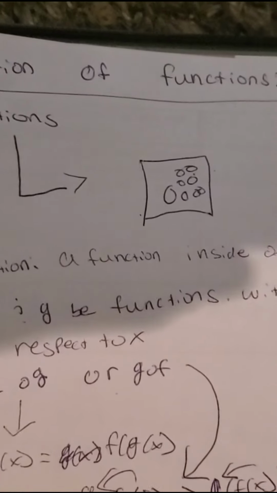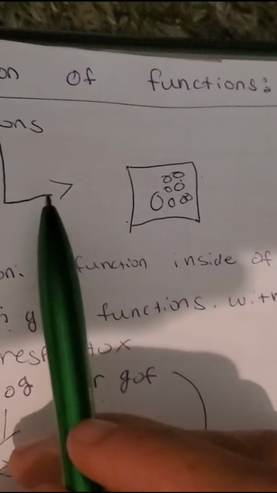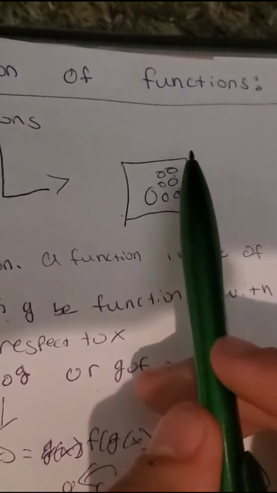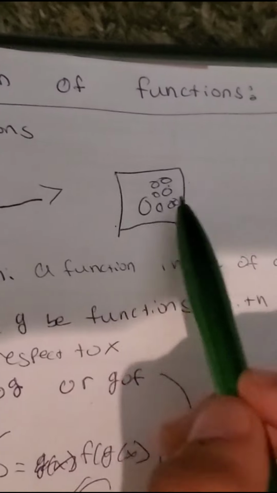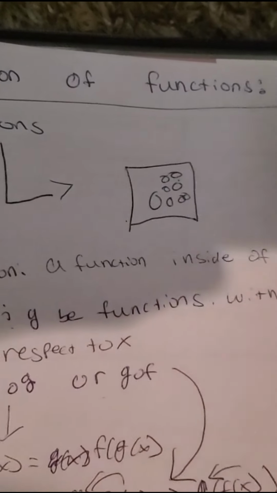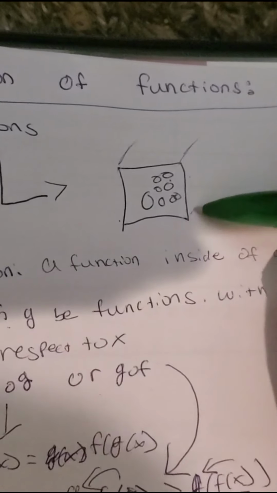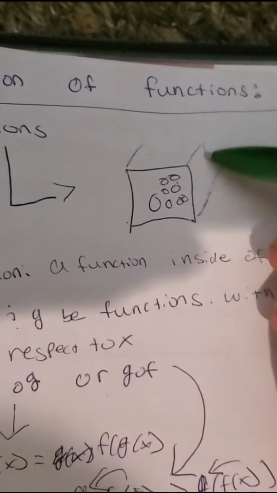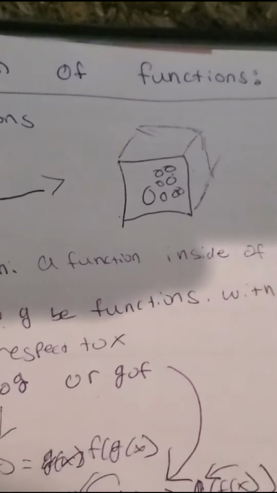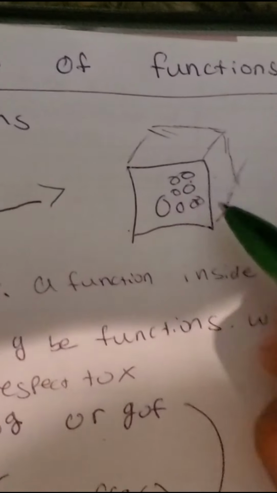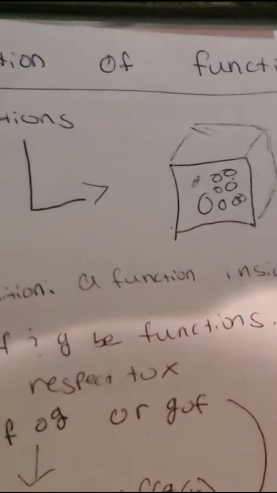So what is a composition? With operations, I want you guys to think of a box in a real world example. So imagine this box. Let's make that more 3D. I'm horrible at drawing, guys. Sorry about that. So we have a box, and within this box there's a bunch of balls.